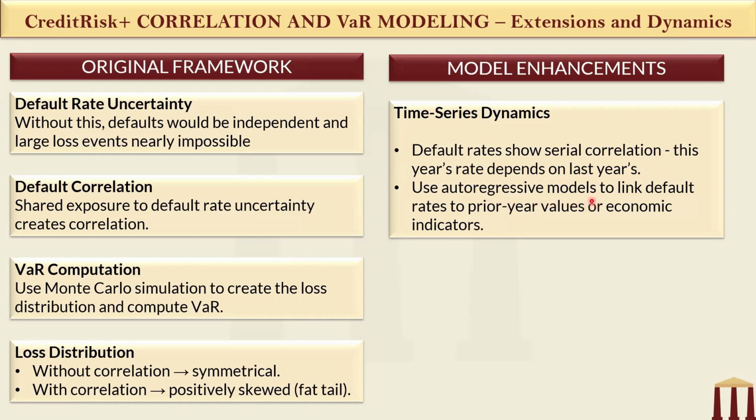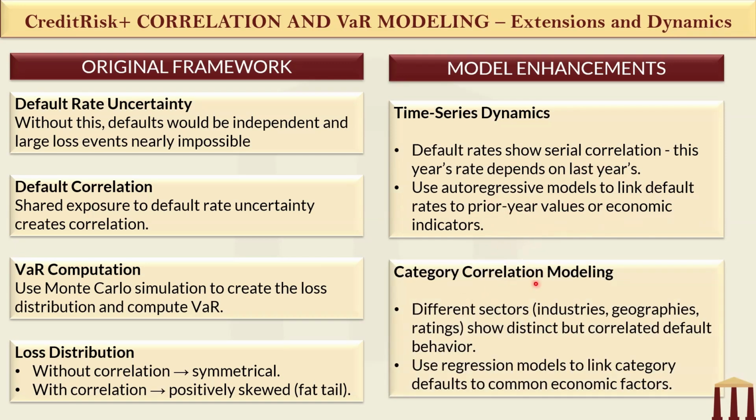Something from the valuation and risk models module in FRM Part 1 must have struck you here, because we used a lot of auto-regressive models in FRM Part 1, not only in VRM but also in QTA, right? So these can be used to link default rates to prior year values or macroeconomic indicators. That way, the model reflects the business cycle dynamics driving credit losses.